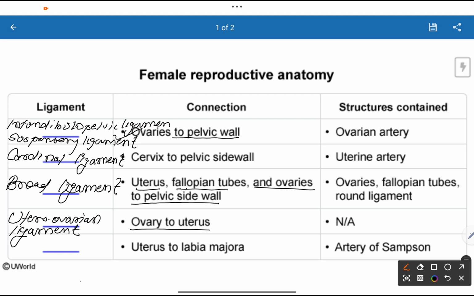And the ligament which helps the uterus attach to the labia majora is known as the round ligament. So these are the ligaments of the female reproductive system. Now let's see whether it is correct or not.